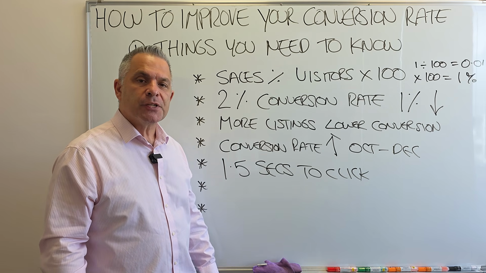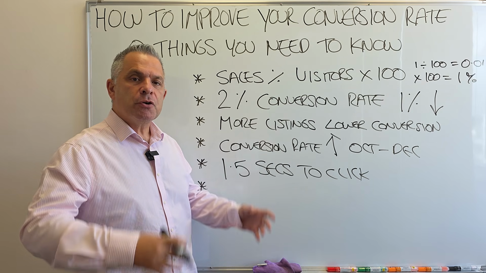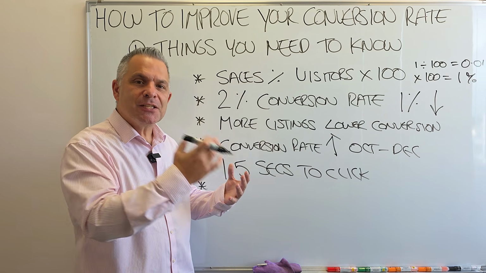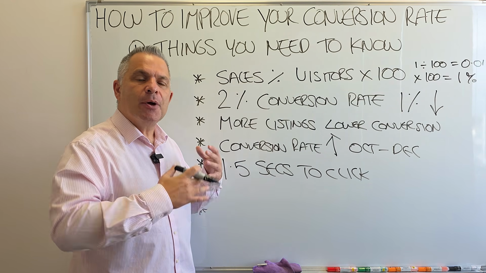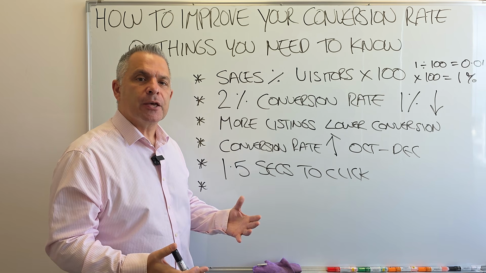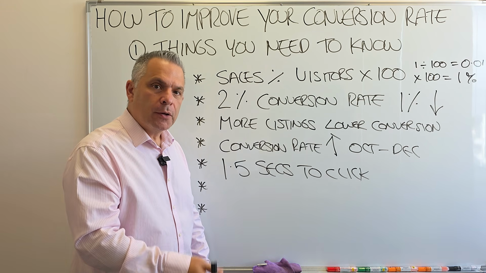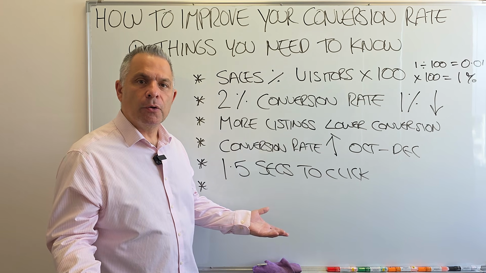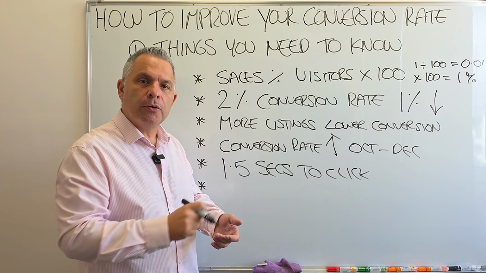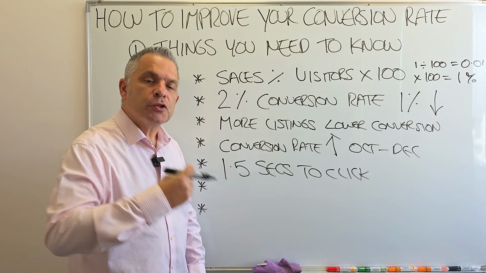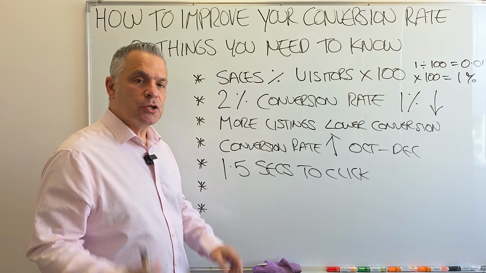You get 1.5 seconds, right? So if your image isn't compelling, if the message isn't clear, how on earth are you going to sell anything? 1.5 seconds, count it. 1.5, that's it, it's gone. And they're scrolling on, up and down with the mouse, and they've moved on. You've got to be compelling, which brings me to the last 2 points.